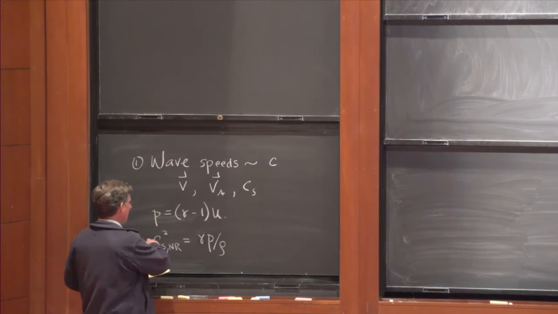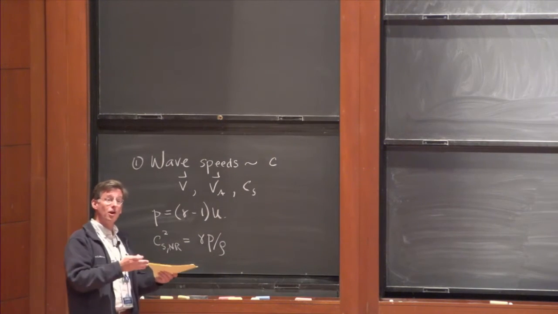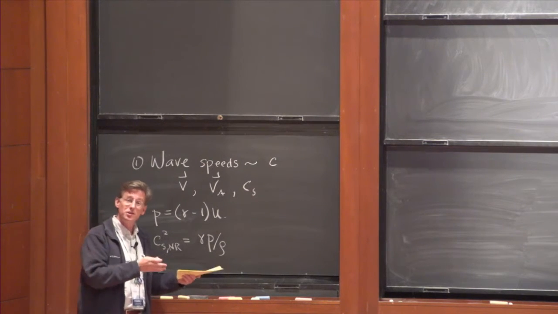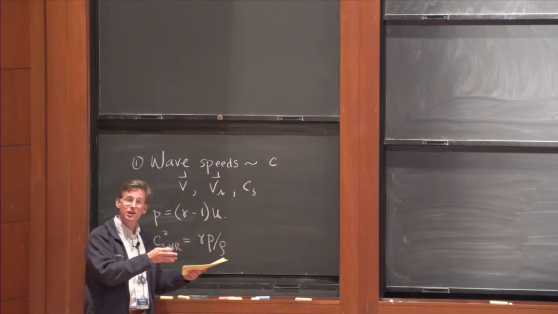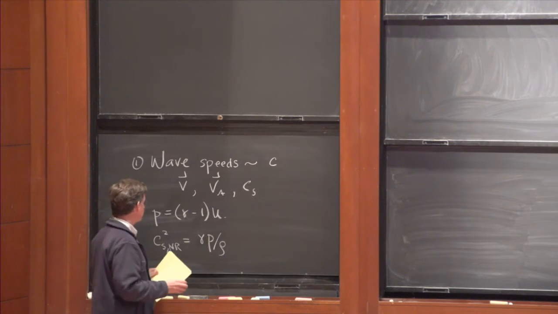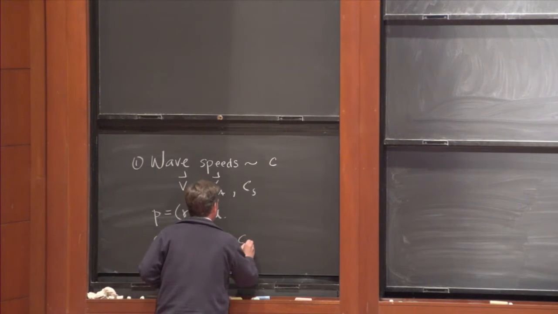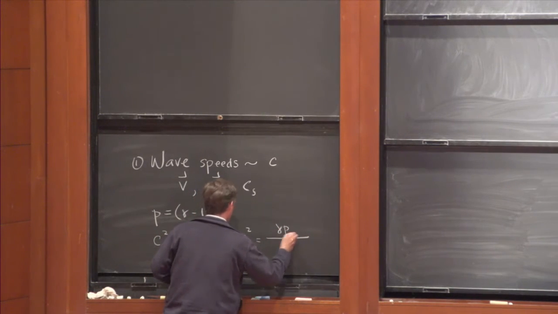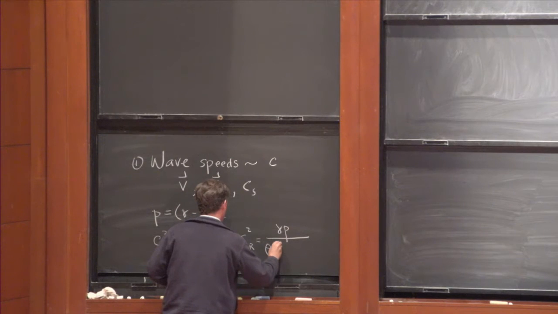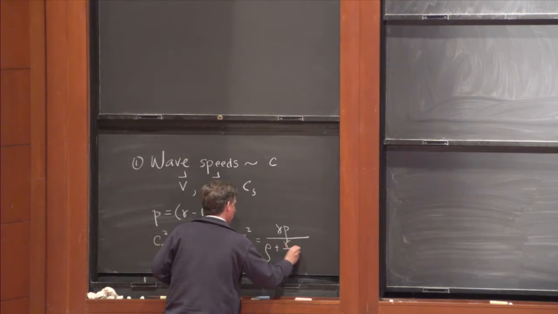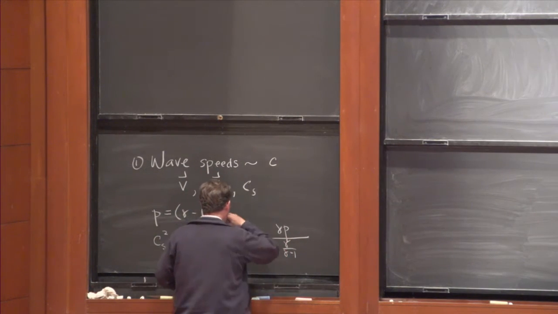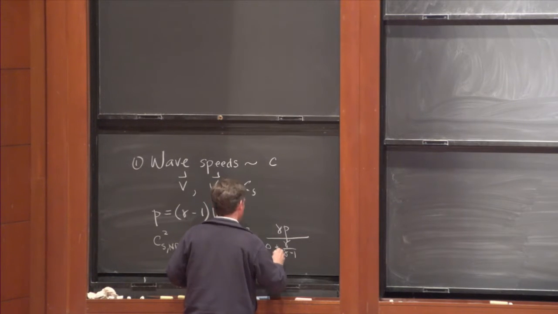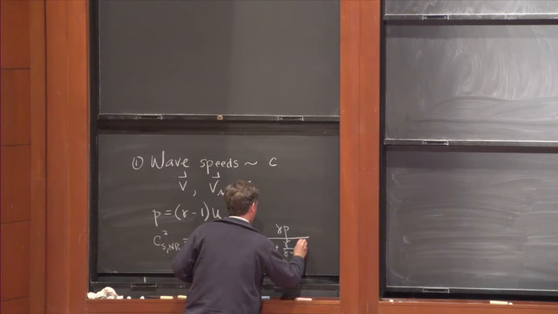In that case, starting from the equations of relativistic hydro and then doing a linear analysis, it's possible to show that the relativistic sound speed is gamma p over rho plus gamma over gamma minus 1 times p over c squared.